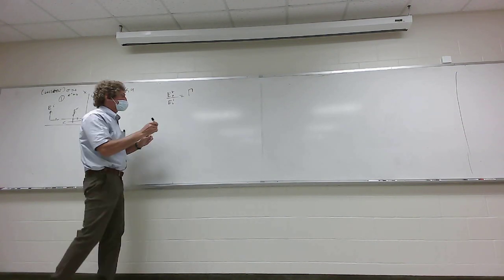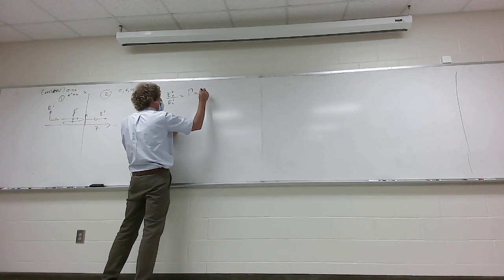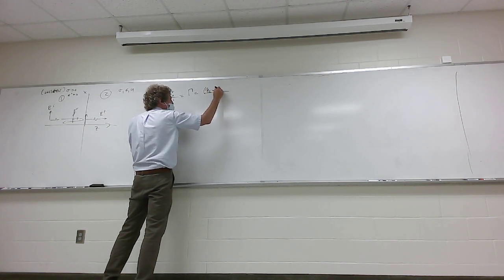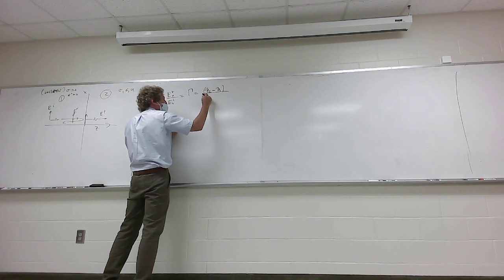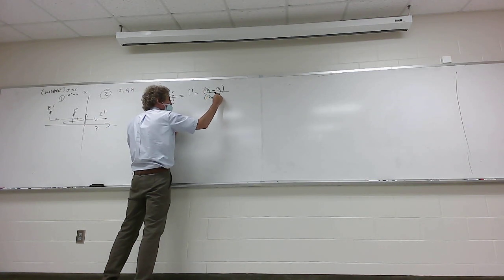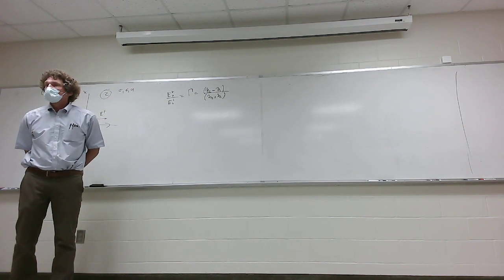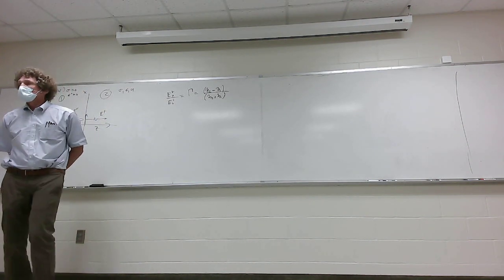The reflection coefficient is equal to, and it's fairly straightforward, it's always the impedance you go into, so it's eta 2 minus the impedance you came from, over the sum. That's it.